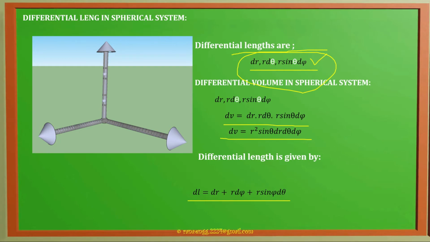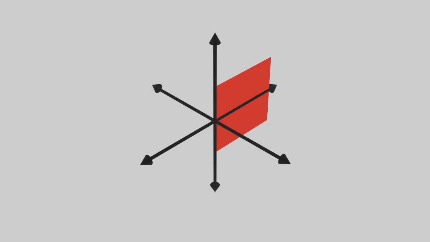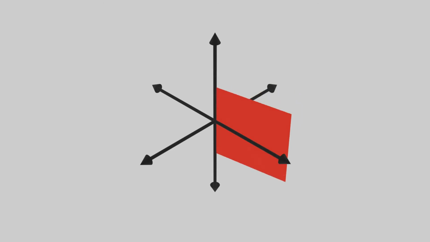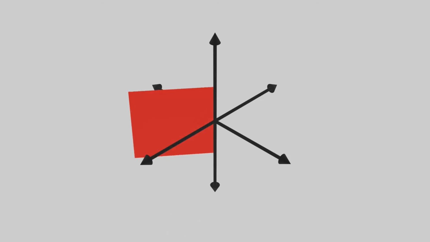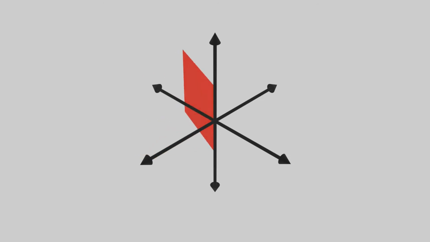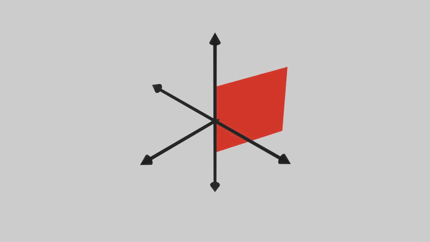So let us now check these concepts in 3D so that we will get more clear idea. First, let us discuss the phi constant plane. For phi constant plane, we have to consider the complete rotation of a point P. So it will look like a plane rotating. This is something like locating your position on the surface of Earth.